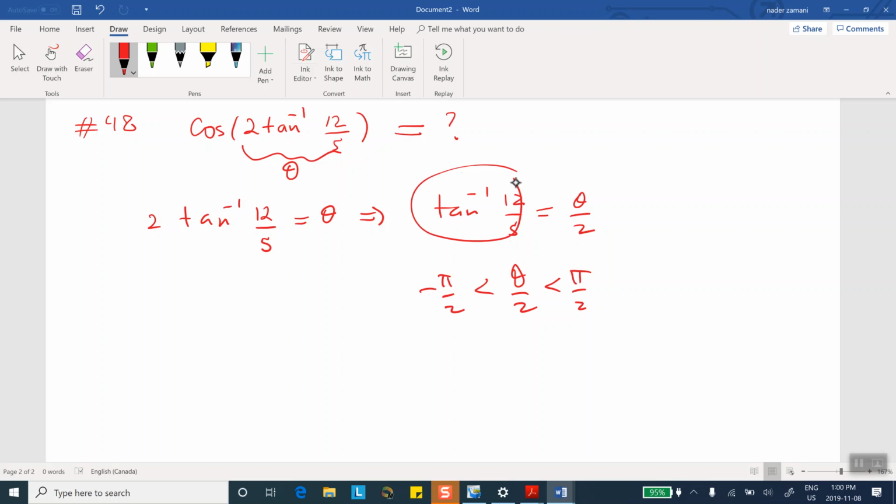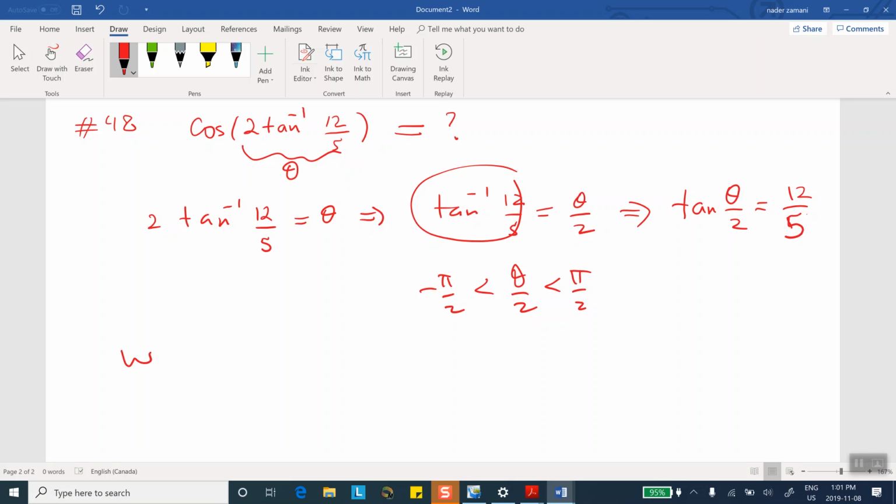As soon as you write tan inverse equal to something, that something must be between minus pi over 2 and pi over 2. Remember, this was done when we discussed inverse trig functions. Now, this also means tan of theta over 2 equal to 12 over 5.